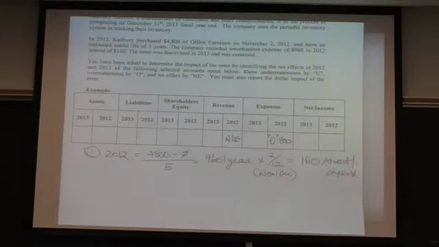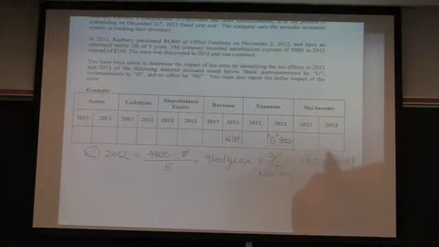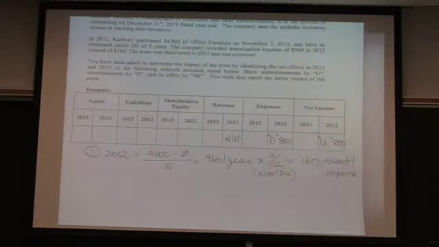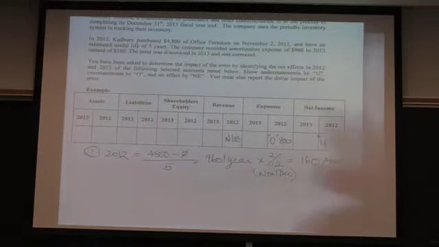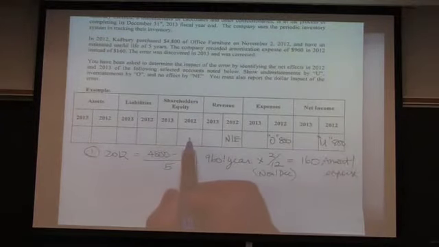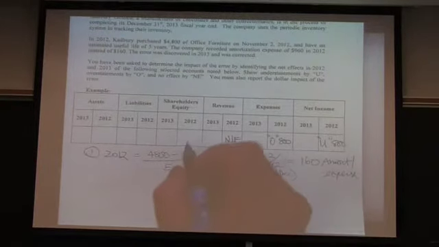That means that net income is understated, because if the expense is overstated, net income is understated by $800. Now, if net income is understated by $800, we know that shareholders' equity is going to be understated by the same amount.